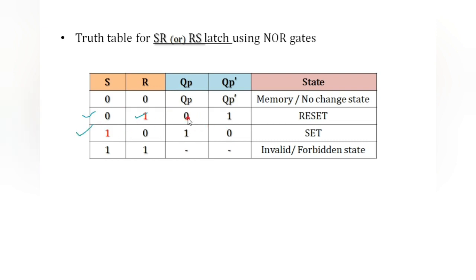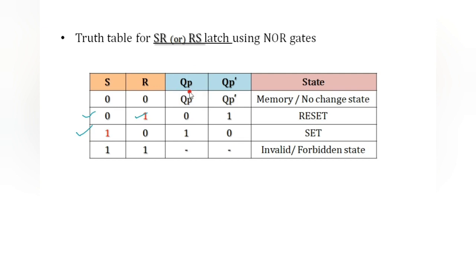See here, 0, 1 condition, the state is reset state. 1, 0 condition, it is set state. Next, 0, 0 condition. We know the 0, 0 condition acts as a memory or storage condition. Whatever the Q previous value may be, it is going to get the same value.